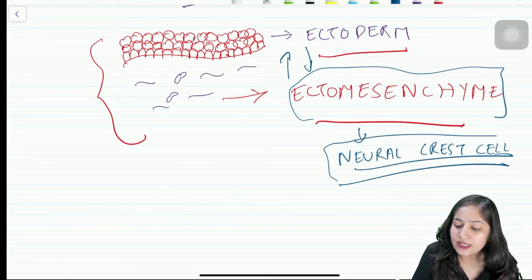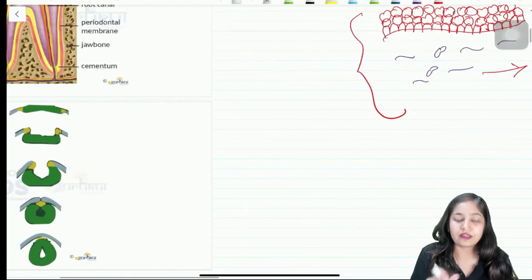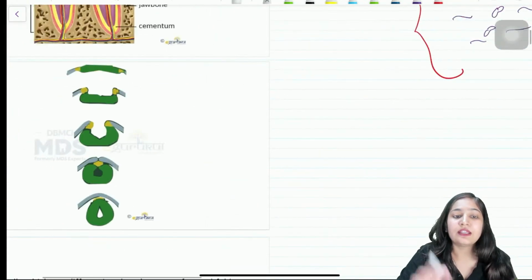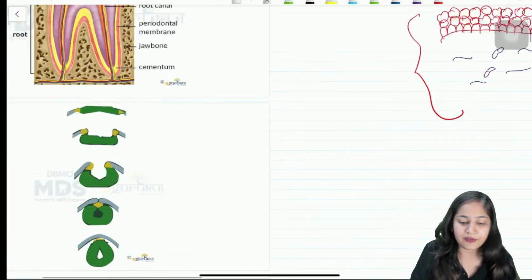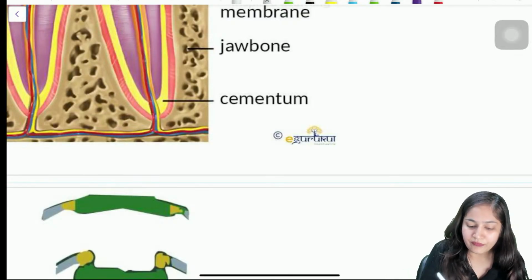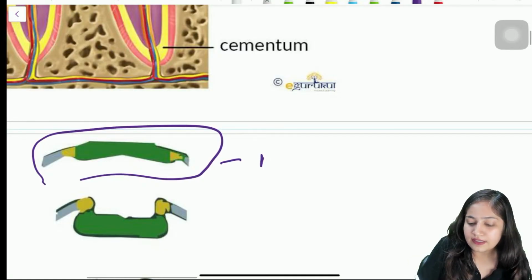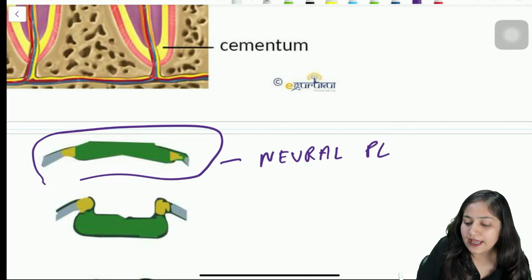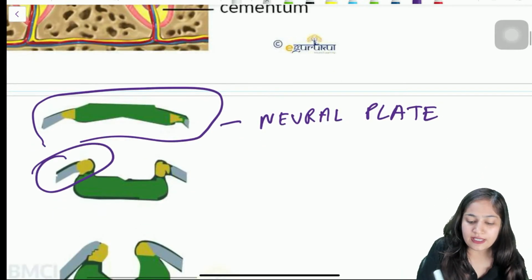Now how are these neural crest cells formed, right? An embryo question. The head end of the embryo has a thickened neural plate, right? This is the head end of the embryo. It is a thickened plate, which is the neural plate. This neural plate has raised margins. Here you can see folds.